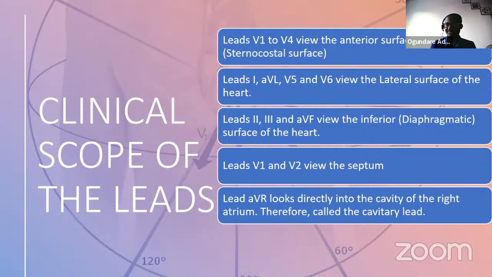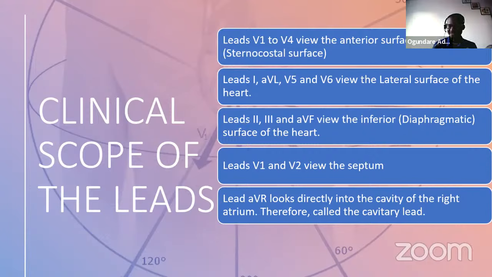If you remember the direction of ECG we discussed earlier, and the conducting system of the heart, the SA node is the natural pacemaker, and that is located in the right atrium.